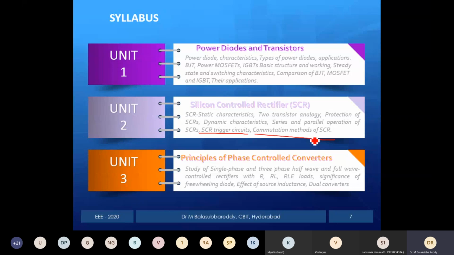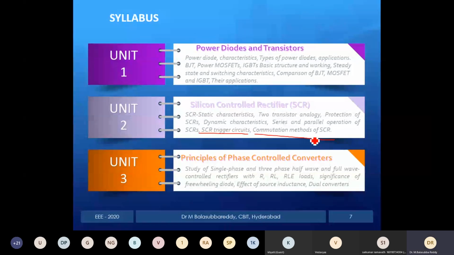But if it is a diode rectifier, it will give only a fixed output, fixed AC to fixed DC, so it is uncontrolled. We cannot use it in many applications. Only some applications are there, which will come under the first unit itself when I am explaining the diode. But in the third unit, we are using only thyristors. It is controlled. That is the difference between diode and thyristor.